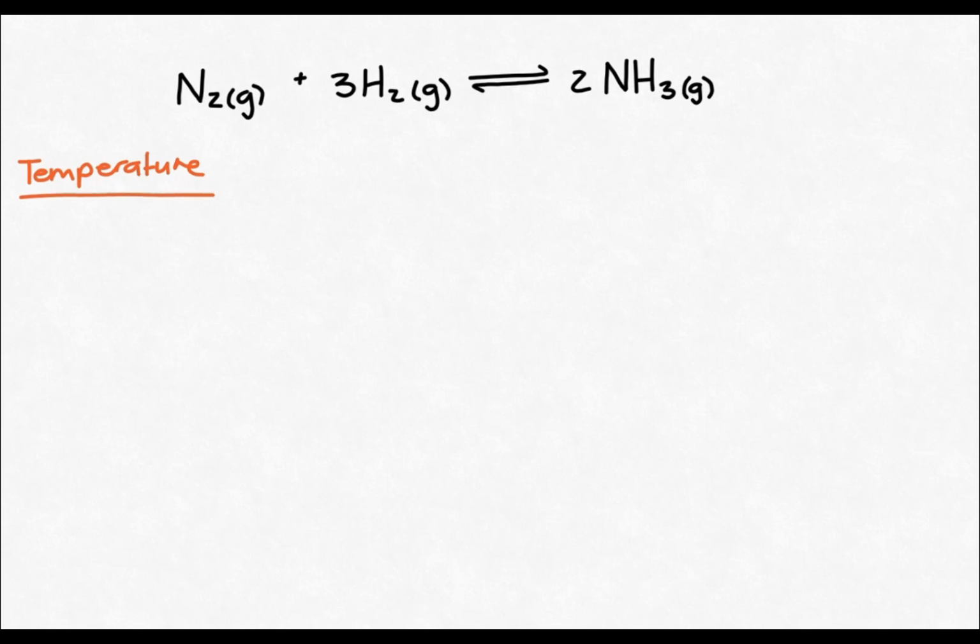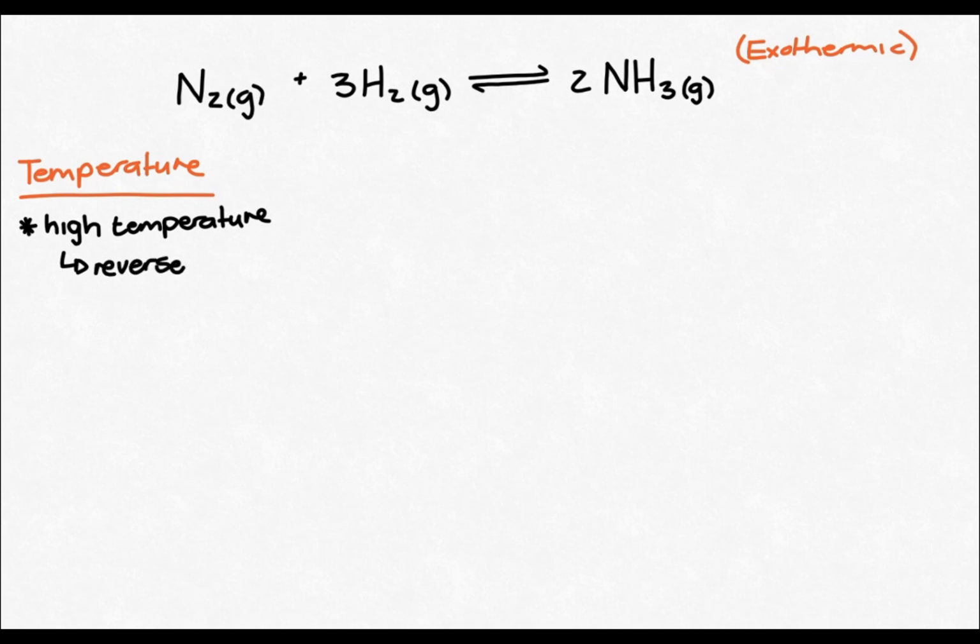Now we know that this reaction is exothermic, meaning that the forward reaction will be exothermic and the reverse reaction will be endothermic. Now when we increase the temperature, the reverse reaction will be favored and more of our reactants will be made.